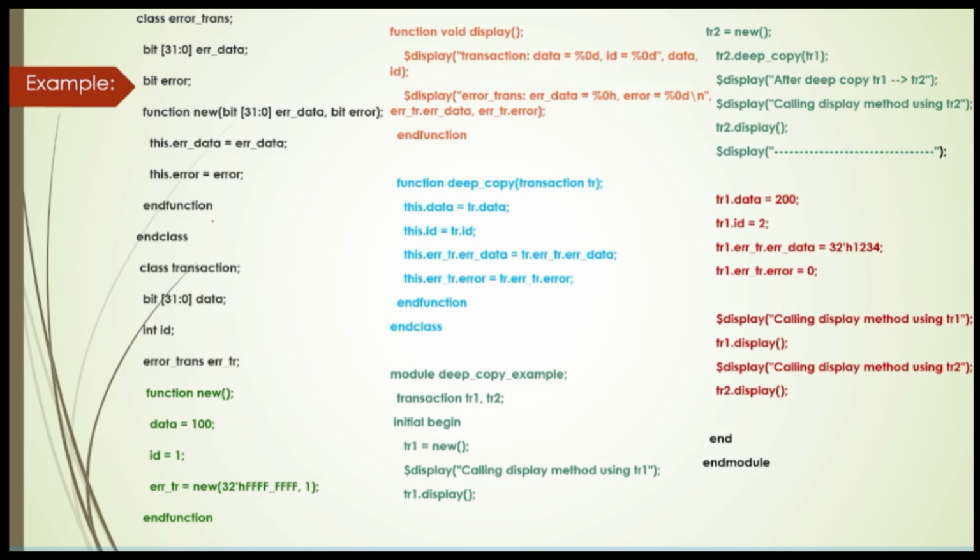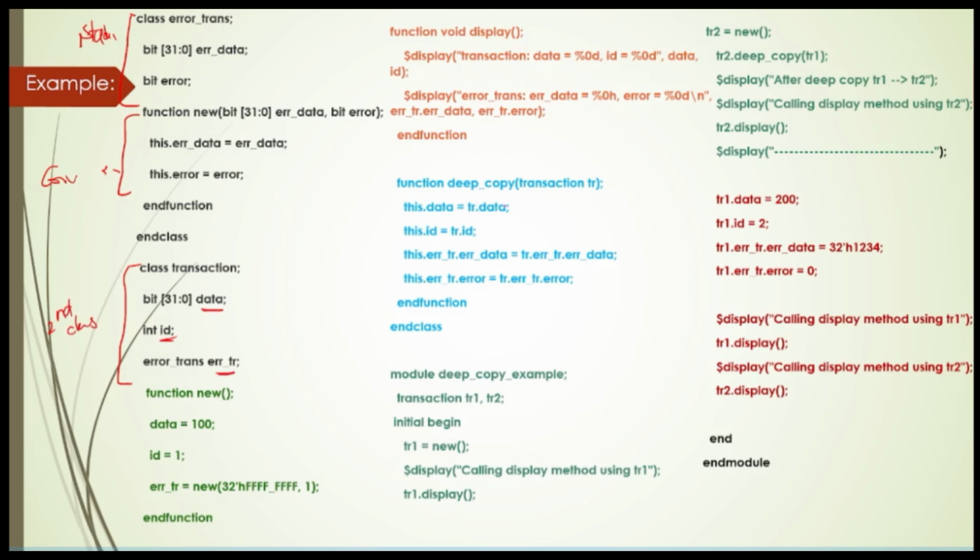Now let me explain this with an example. We have already seen this example for shallow copy, and I want to explain the same example for deep copy. So this is my first class and the constructor function for my first class, and this is my second class. My second class consists of data, id as well as error transaction.